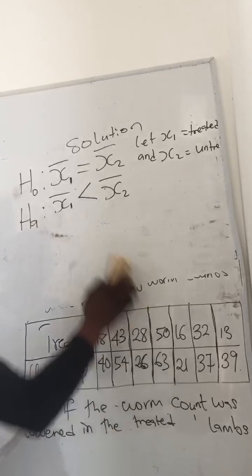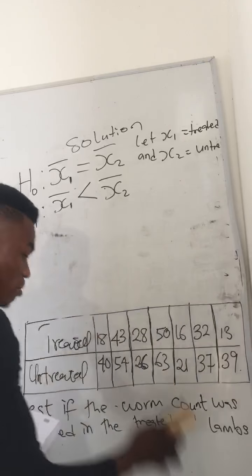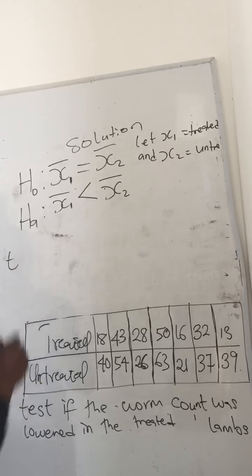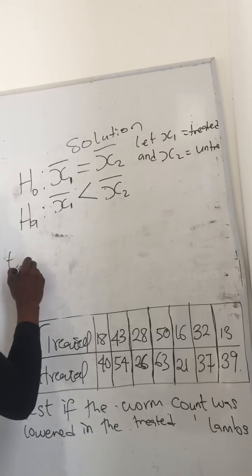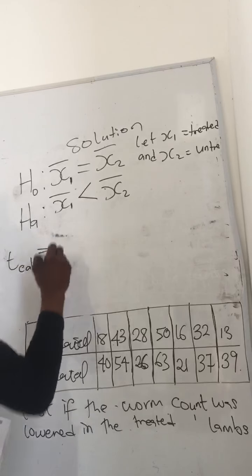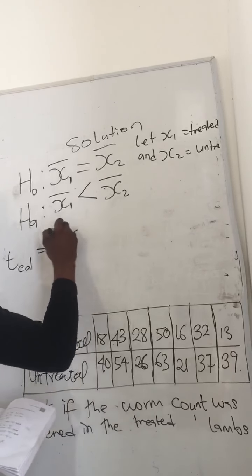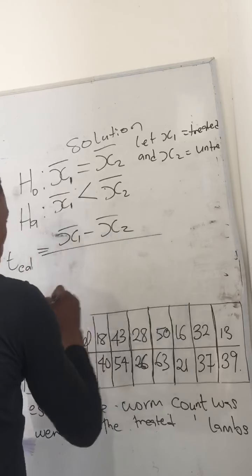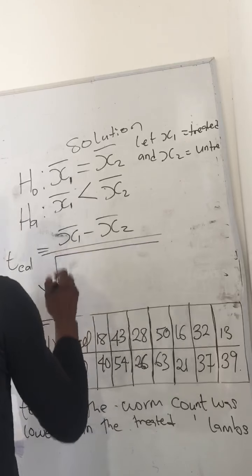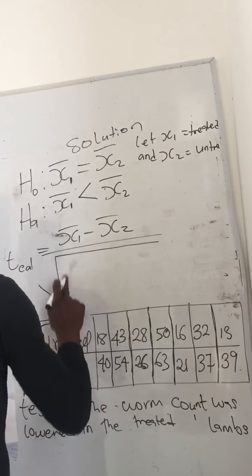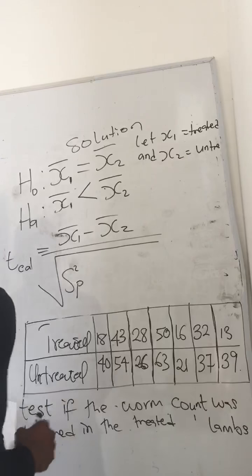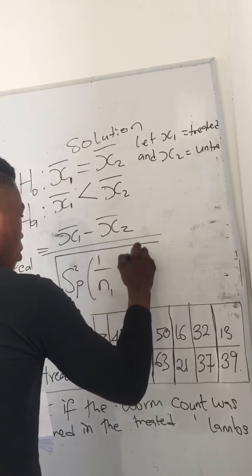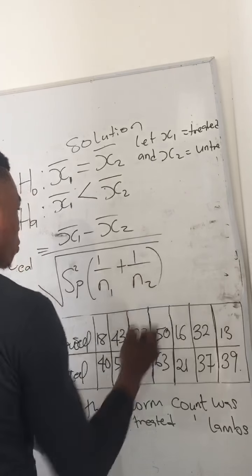And remember we said when you have two samples given, in the last video we gave the formula, so we use the formula. We are computing a test value, which we call the T calculated. It is the mean of the first sample minus the mean of the second sample, divided by the square root of the pooled variance times 1 over n1 plus 1 over n2.